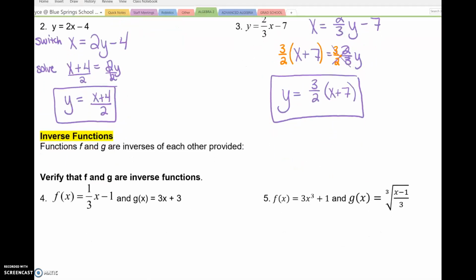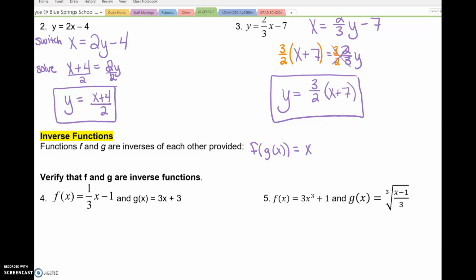Functions are inverses of each other provided that f of g of x equals x. Basically, the inverse is going to undo everything from the original function, leaving you with just x. If there's a minus 7, the inverse is going to have a plus 7 to make that minus 7 go away.